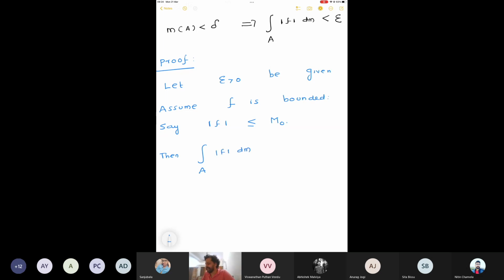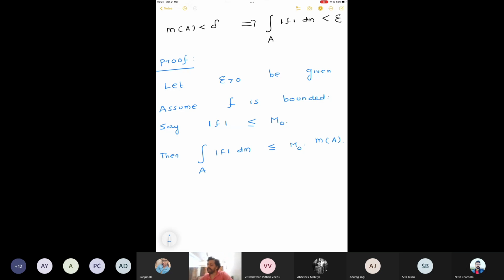Mod f is less than or equal to m naught. Therefore, integral over A of mod f dm is at most m naught times measure of A. Do you agree? Yes, sir.